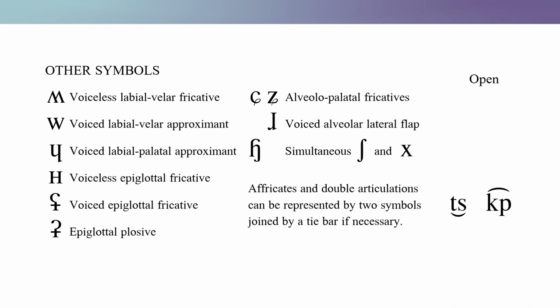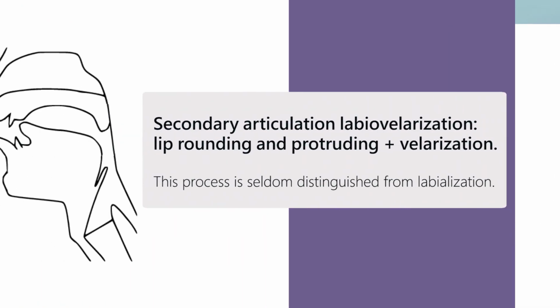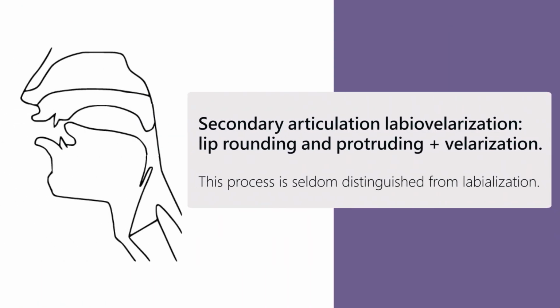This is why this symbol, which stands for W, is used, because if you look at the chart, you see W is labial velar. This means that it can be considered as a secondary articulation that can be more accurately called labiovelarization.